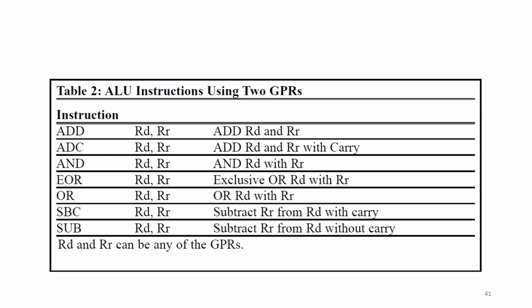So this means add with carry. How can we detect that? Just check the carry flag in the flag register. If the carry flag is active high, this means the addition instruction here is invalid, which means you cannot use the data now to continue your program.